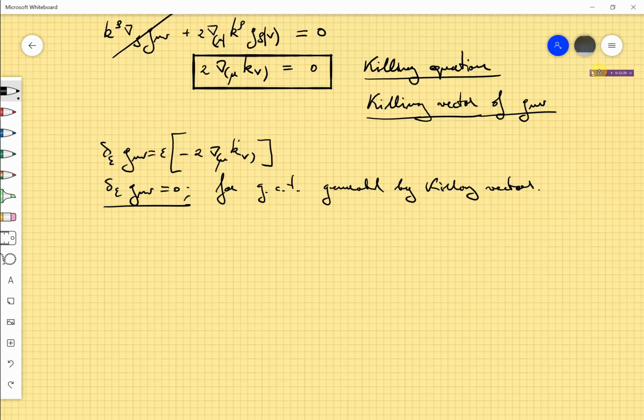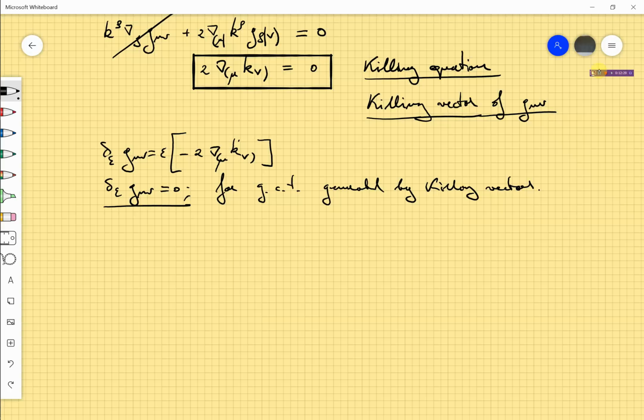So Killing vectors generate isometries. And this is what you have to keep in mind. There is a one-to-one association between isometries and Killing vectors, transformations that leave invariant the metric.